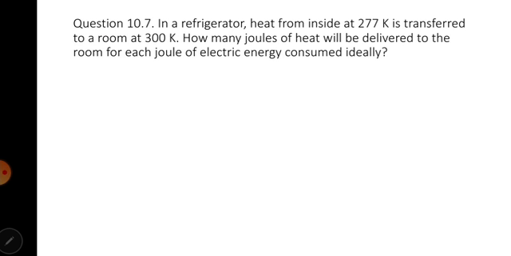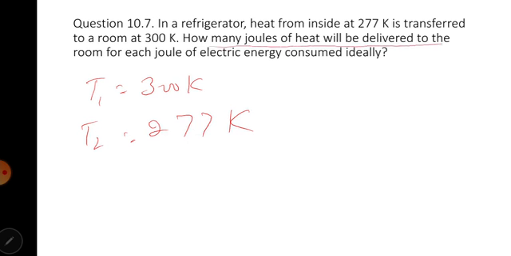In a refrigerator, heat from inside at 277 Kelvin is transferred to a room at 300 Kelvin. So T1 is 300 Kelvin and T2 is 277 Kelvin. How many joules of heat will be delivered to the room for each joule of electrical energy consumed ideally? Work done is given?